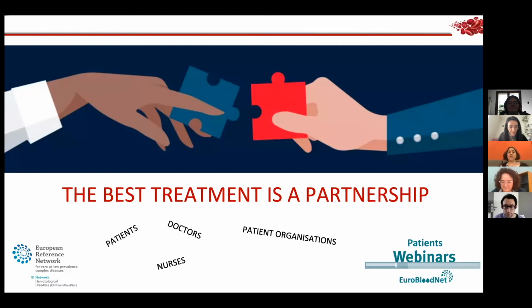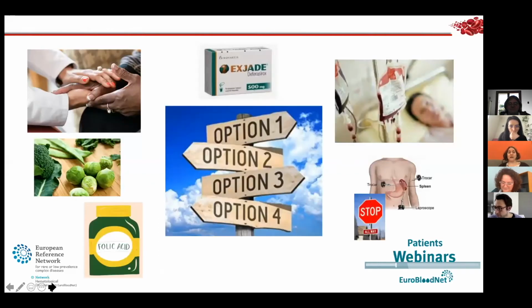You will need the help of the rest of the team, and the rest of the team will be the doctors, but also the nurses. Sometimes it might be dietitians, or doctors that have a specialty, such as endocrinologists or bone doctors, and also the role of the patient organization. So we really have to work together to give you the best treatment that you can.